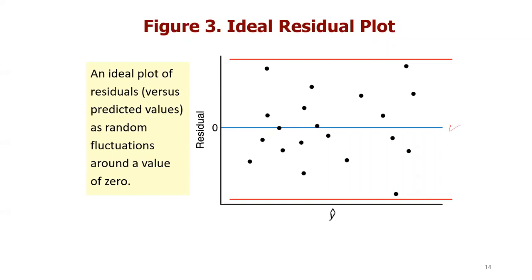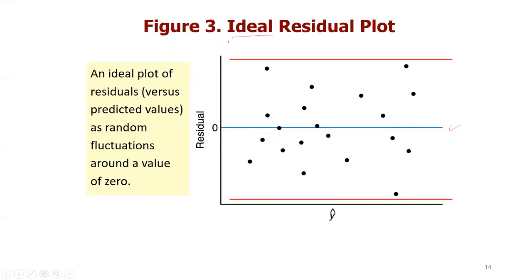They should not scatter around 0 too much at the beginning or at the end. Their value should not depend on y hat, and their value should not depend on each other as well. So when you look here, they are randomly scattered around 0. So this is a good fit. This is an ideal residual plot.